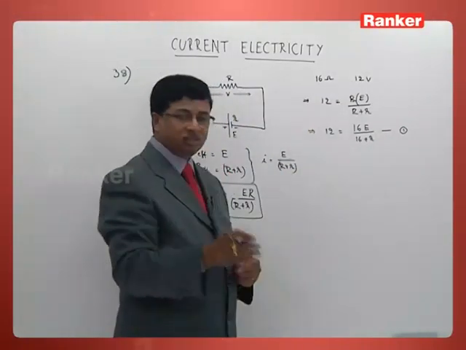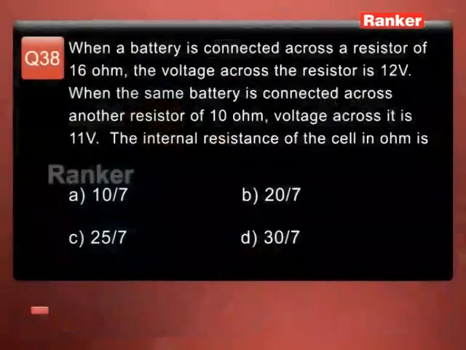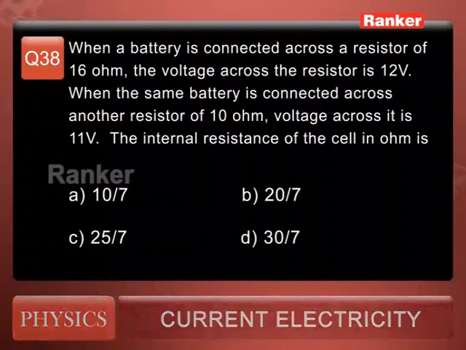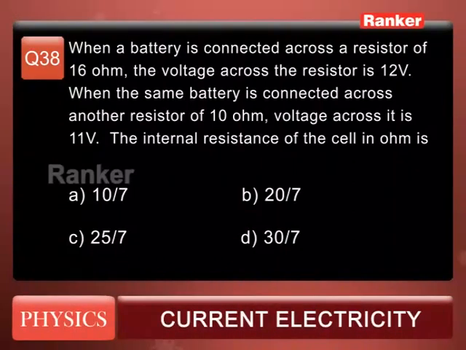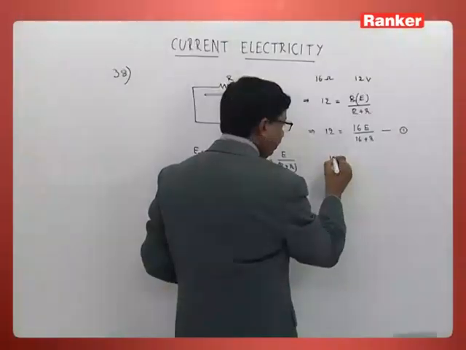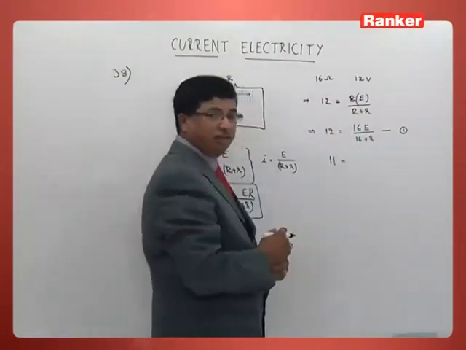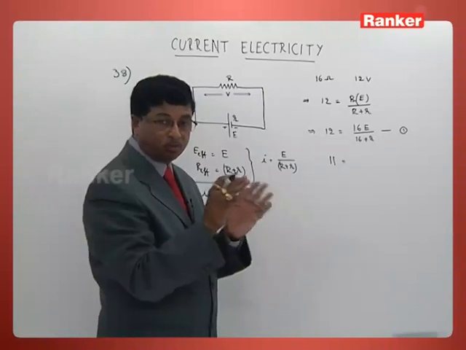Exactly like that, look at the second one. When the same battery is connected across another resistor of 10 ohm, voltage across it is 11 volt. So what should we write now? 11 is equal to, 10 ohm he said. Directly it is connected across 10 ohm resistor.